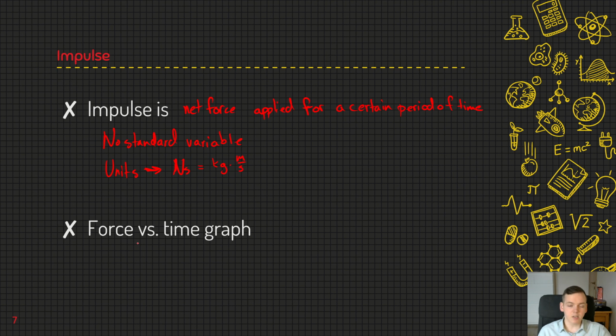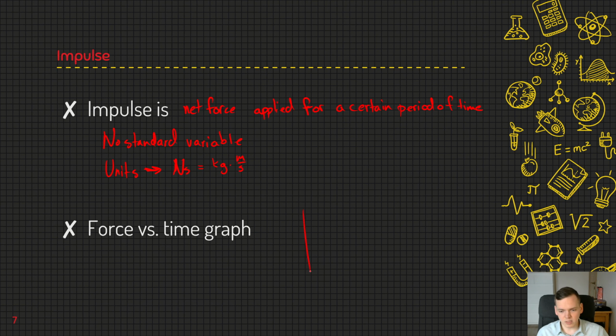So technically the units of impulse are Newton seconds. The units of change in momentum are kilogram meters per second. The two are equal, but if you're going to talk about the impulse, it's better to say it has 50 Newton seconds rather than 50 kilogram meters per second. It's not wrong to use the momentum units and impulse units on each other, but it is not standard, we'd say.